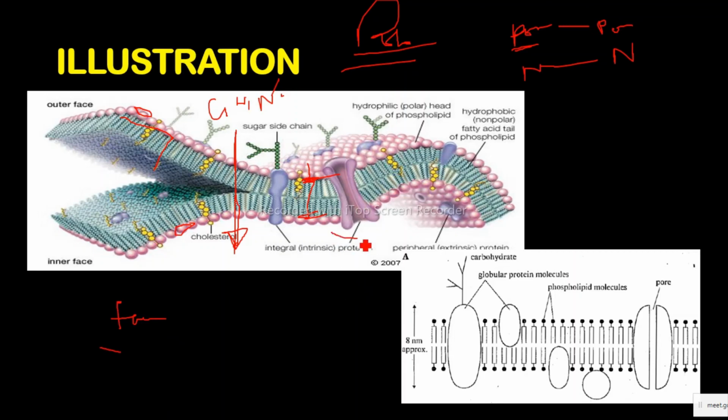Now there are these protein molecules, okay, that provide that channel, that pore, where polar molecules are going to cross. Now yes, they are specific. However, some proteins do provide a pore, like how you see this.